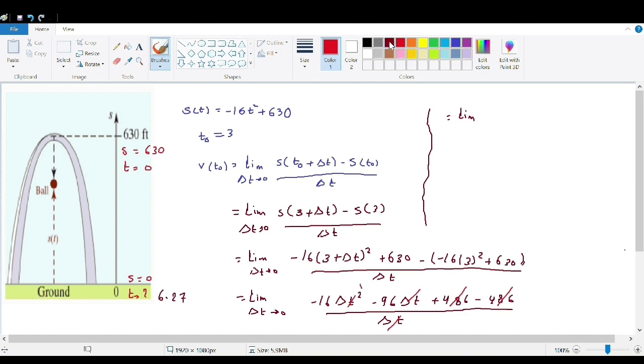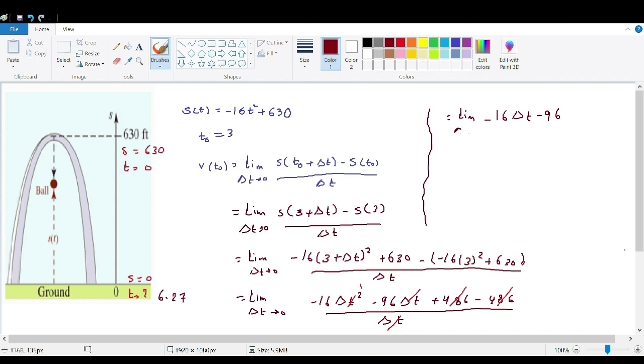So the final expression will have minus 16 delta t minus 96, and this delta t will be out because we cancel it. So what is left is the limit of minus 16 delta t minus 96 when delta t approaches 0.